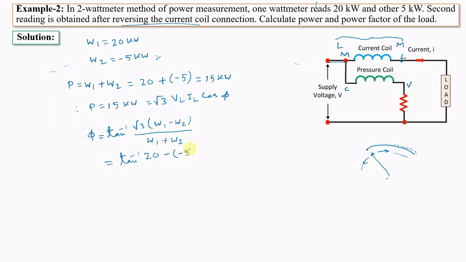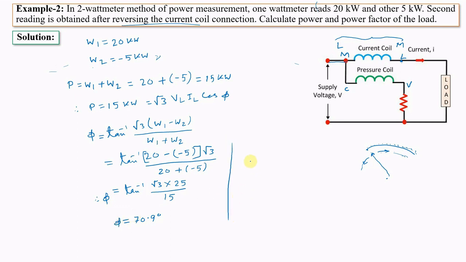So it will be root 3 into 25 upon 20 plus minus 5, that is 15. So phi is tan inverse root 3 into 25 upon 15. This is the value of phi, and after solving, we'll get the value of phi as 70.9 degree.